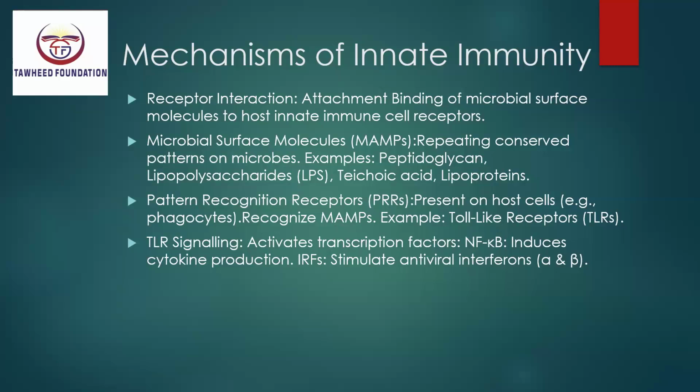Toll-like receptors, TLR signaling, are classical examples of pattern recognition receptors. So signals generated following binding of TLRs to MAMPs activate transcription factors that stimulate expression of genes encoding cytokines and enzymes, which are involved in several antimicrobial activities of cells of innate immunity.